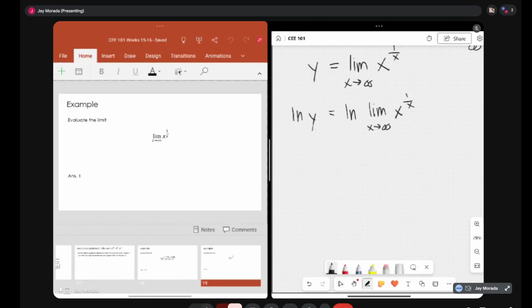Now, since the ln is continuous, we can put the limit outside of this function. So let me rearrange that. Right.